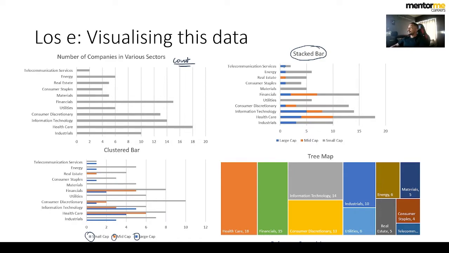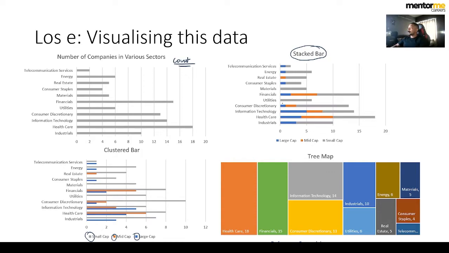You can see that in telecommunication services, half is large, and either you have very small companies. But look at something like healthcare: a significant amount of large companies, a significant amount of mid-sized companies, and a large amount of small cap companies.